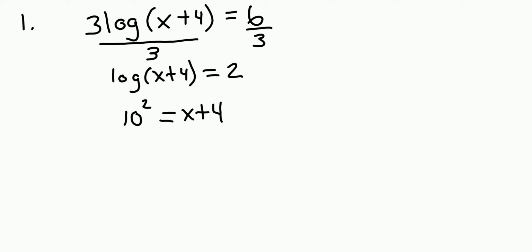This is the exponential form of log x plus 4 equals 2. Then we can solve this for x. 10 squared is 100. Subtract 4 from both sides. x equals 96.